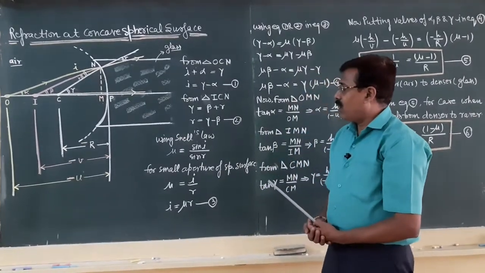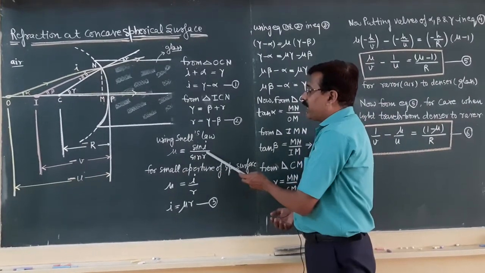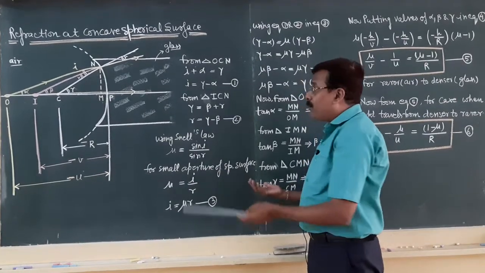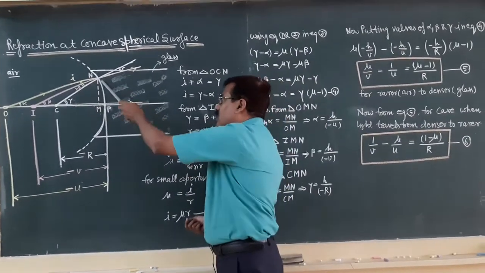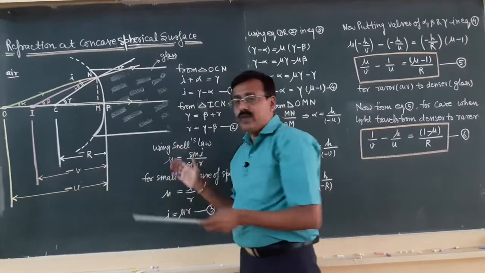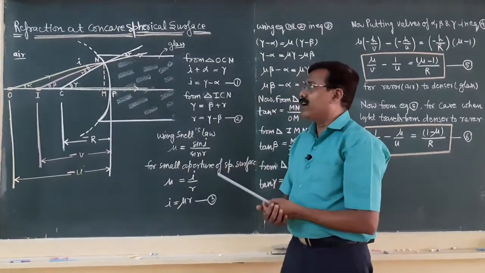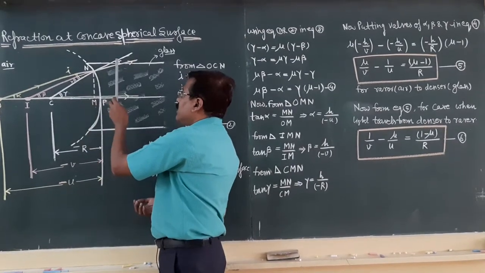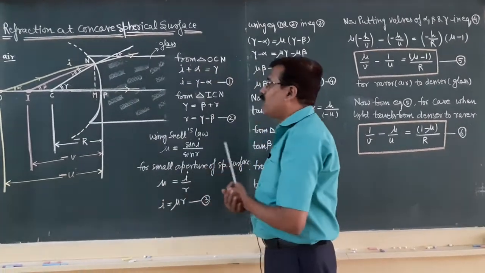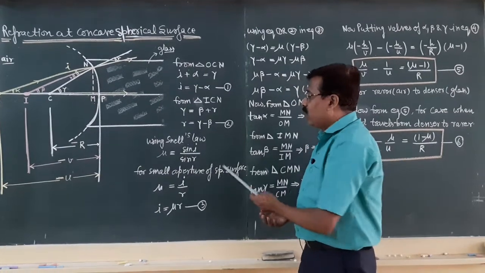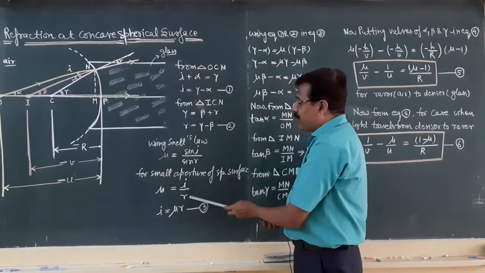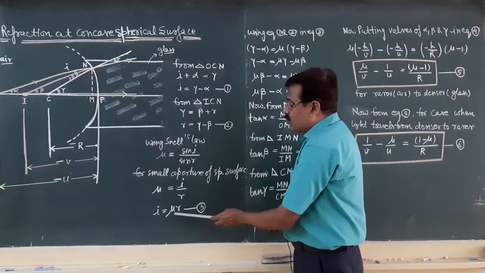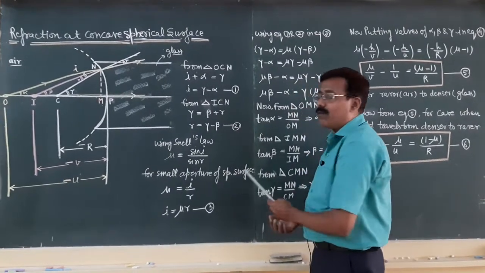By Snell's law, we have mu is equal to sin i upon sin r, but the aperture of this concave spherical surface is very small. So, all the angles, either it is alpha, beta, gamma or i and r are very small. So, with that assumption, we have mu is equal to i by r. So, i is equal to mu into r, equation number 3.